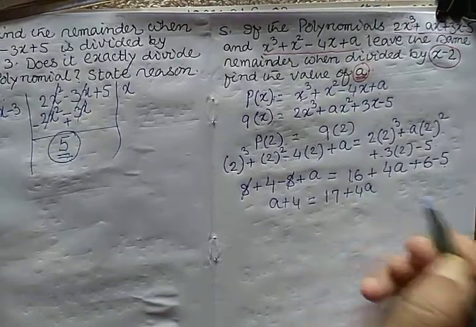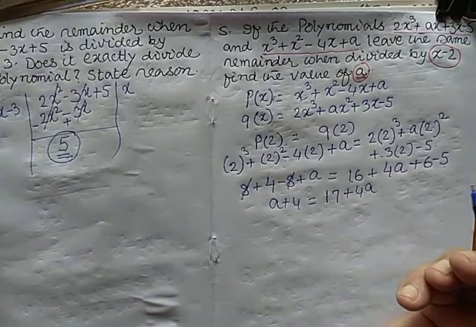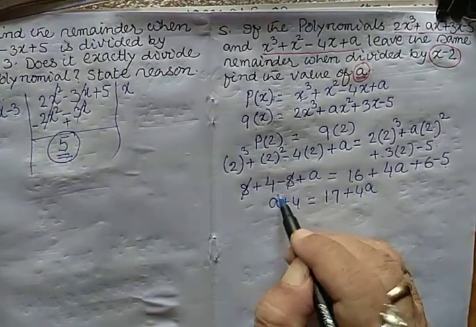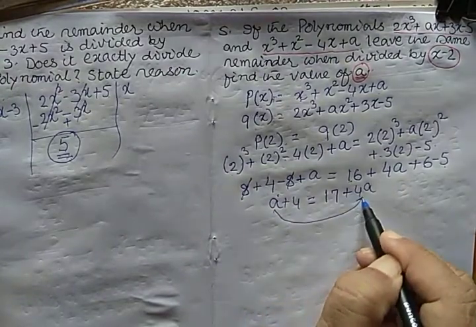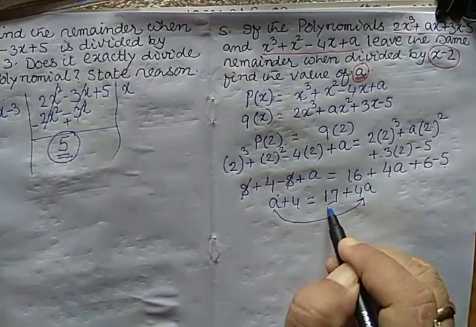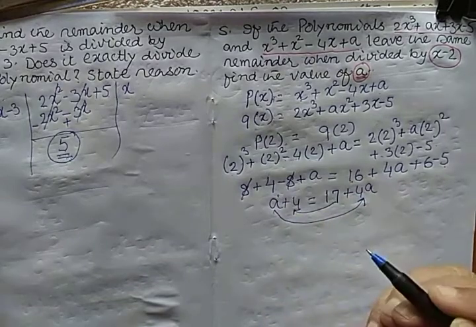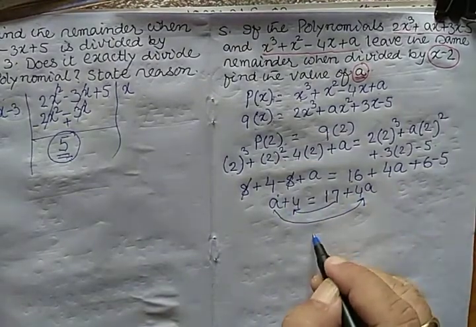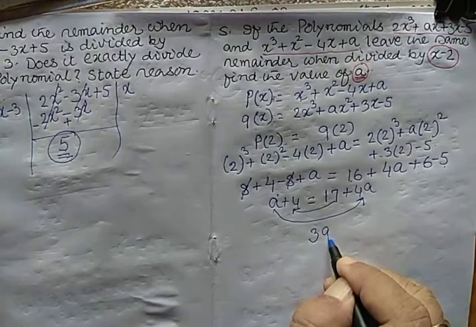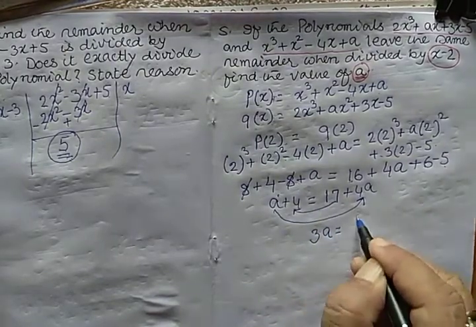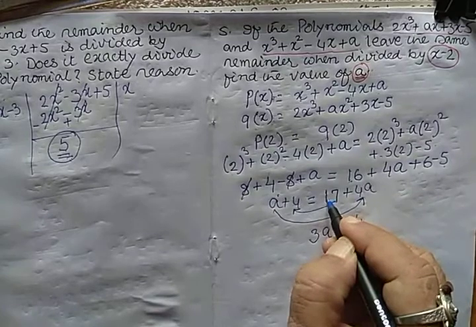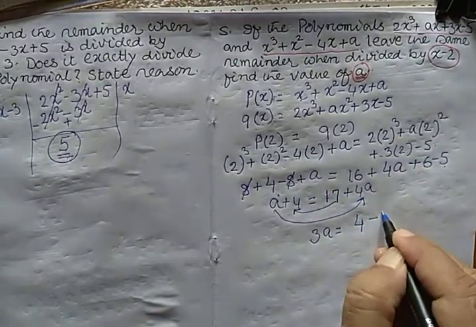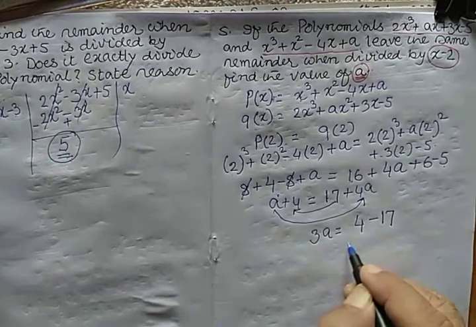So what we do, let us transfer this a to this side and let us transfer this 17 to this side. Then what happens? 4a minus a, 3a is equal to plus 4. Here it is plus 17. When you take that side, it will become minus 17.